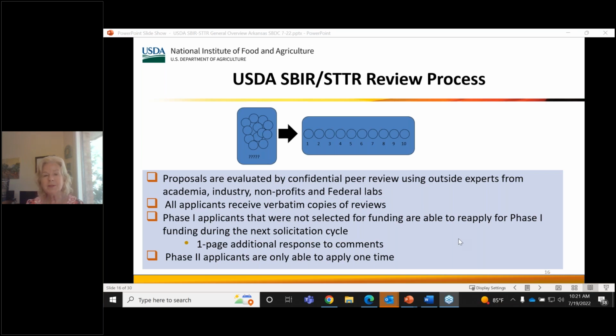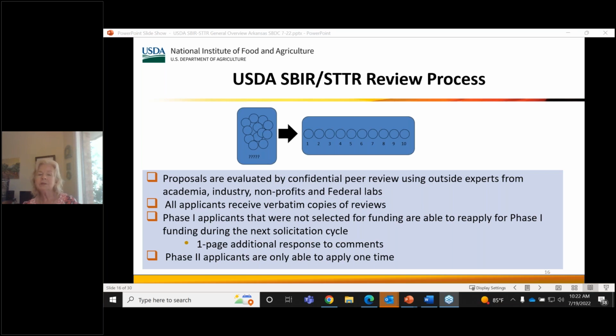So we assemble this panel of absolute experts to evaluate these proposals, because we believe that gives each applicant the best opportunity. We only have so much money in our budget. We wish we could have a higher success rate with phase 1 than around a 15% success rate, but at least we have a panel of experts that is vetting these projects very closely.